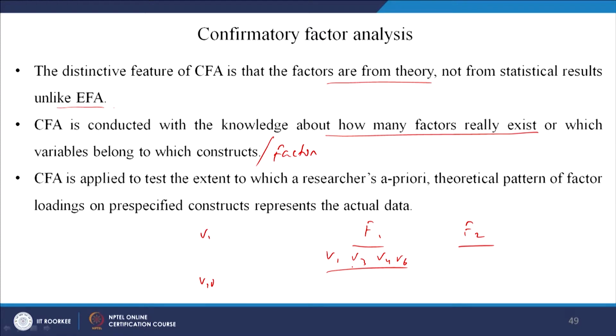But during confirmatory factor analysis we have to specify. For example, we say that V1, V2, V3 and V4 are in factor 1. This has to be predetermined, you have to say it beforehand from the theoretical perspective, and V5 to V10 will lie in factor 2.